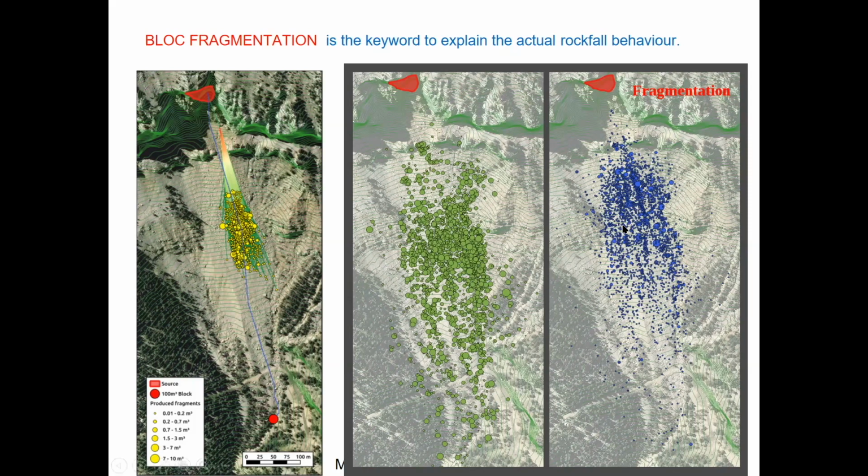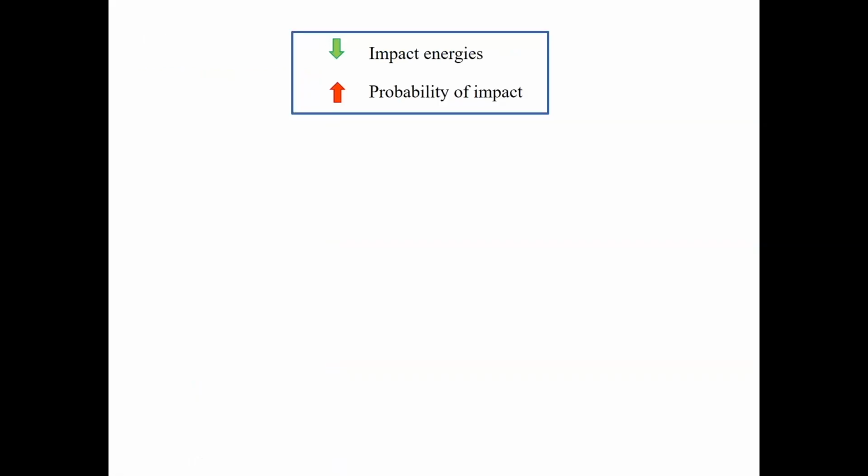You can see that if we take into account the fragmentation in the right, the blocks keep closer to the middle part of the slope, but if we do not take into account the fragmentation, the blocks reach to a higher extent the bottom part of the valley, that this is not the real case.